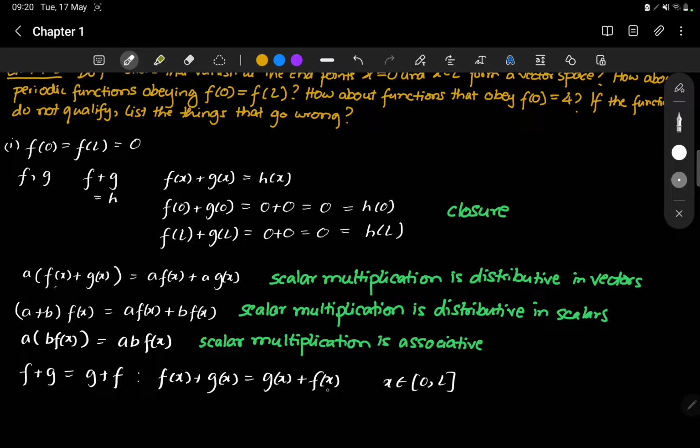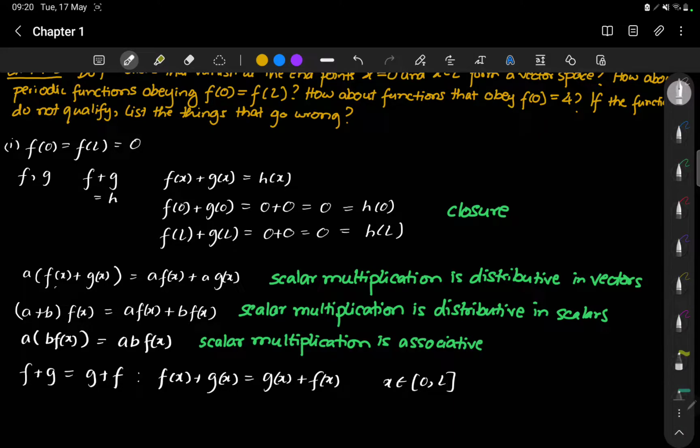This is a point-wise addition, and each of these numbers f of x and g of x are real numbers, and for real numbers, addition is commutative. So we have that addition is commutative.